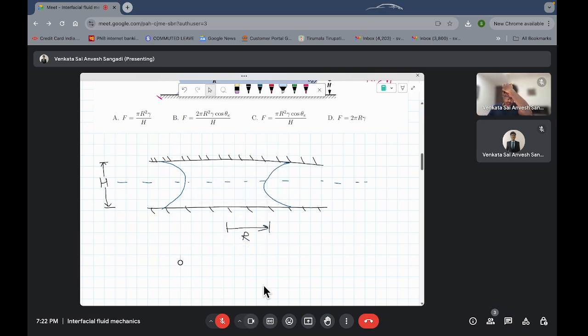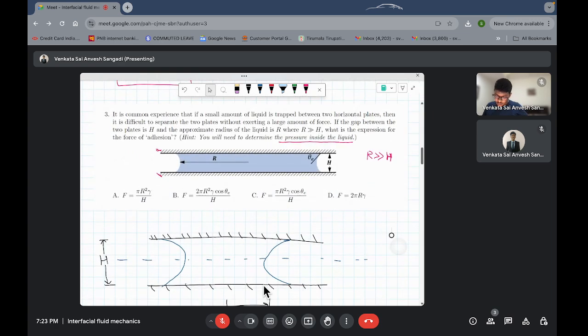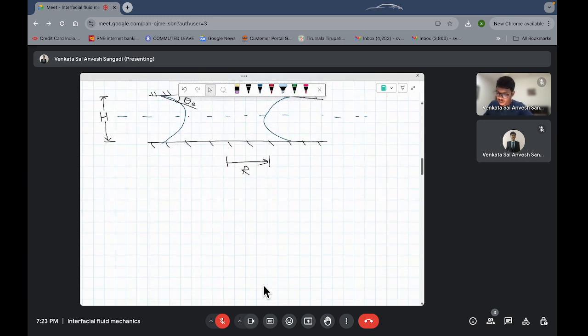So the height is h and the radius is r. It is also given that the angle of contact at all surfaces is theta e. It is asked, the force of adhesion.